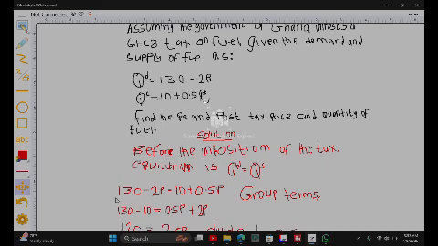Here, I'm just going to equate them together and group like terms. So 130 minus 10 will give me 120, and 0.5p plus 2p will give me 2.5p. So just group like terms and we are done.